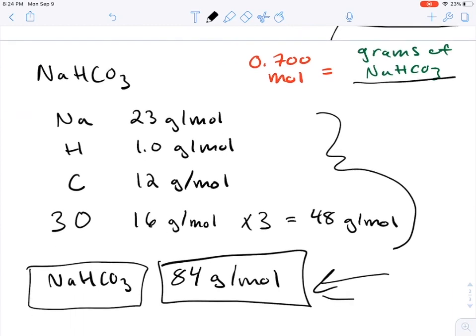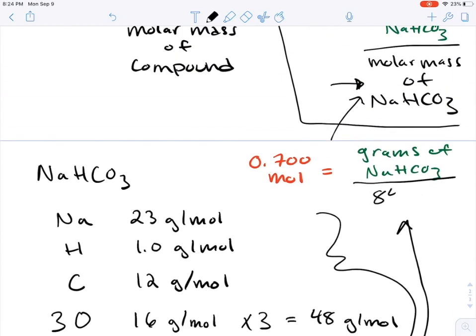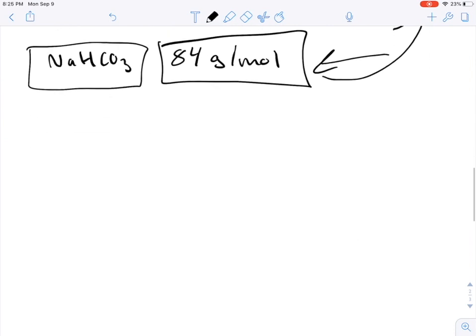And that's going to go into the denominator part right over here, 84 grams per mole. And now that we have our correct equation, we can begin and we can solve for grams of sodium bicarbonate. So what we're going to do is we're going to multiply this side by the molecular weight, and we're also going to do it to the same of this side. And I'm going to scroll down and show you guys that right now.